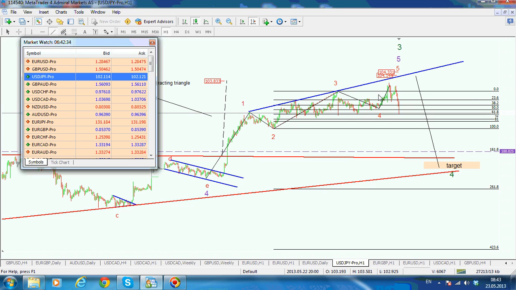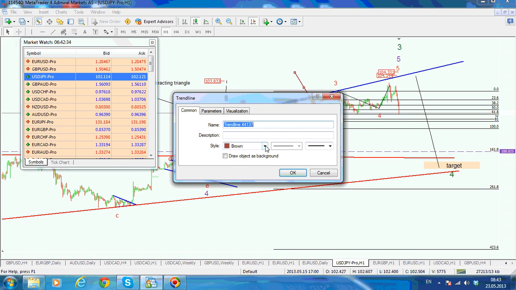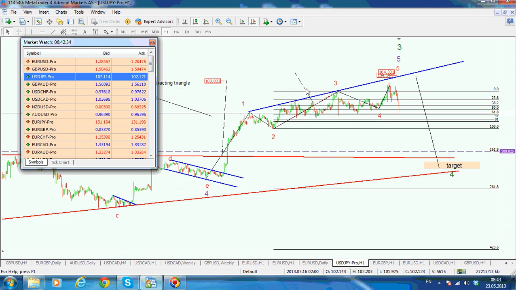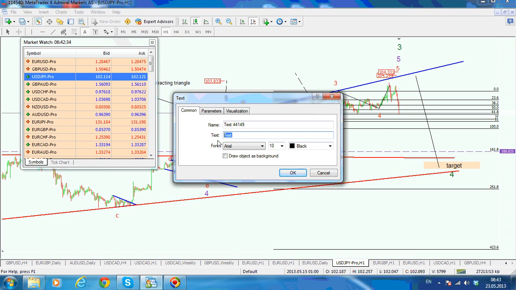So let's take a line from here and say that this is an ending diagonal or terminal impulse.